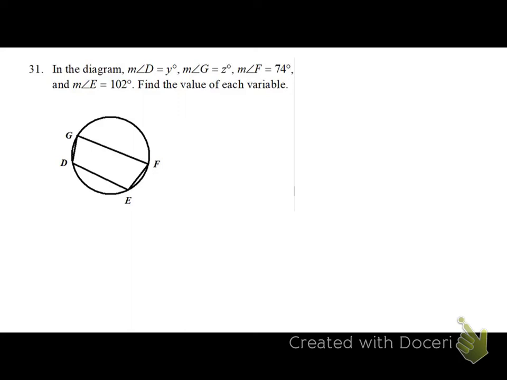You would just need to match angle G better. Angle D is y, angle G is z, angle F is 74, and then 102. So what do we know about opposite angles? They're supplementary. So z should be 78, and that means y will be 106.